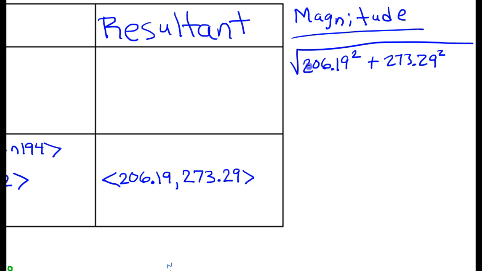If these are ever negative, you have to put the number in parentheses before you square it. So anyway, put this in your calculator and that will be the magnitude. I got 342.34 something. So that is the resultant velocity, the combination of the plane and the wind together. So 342.3 miles per hour.